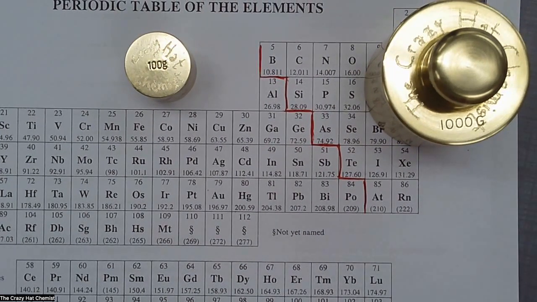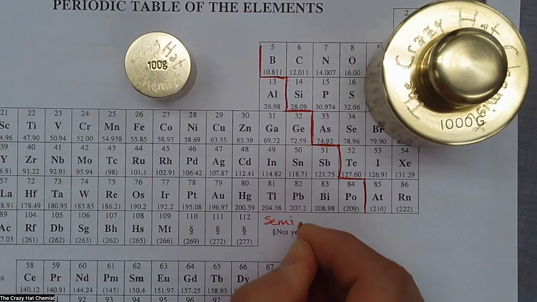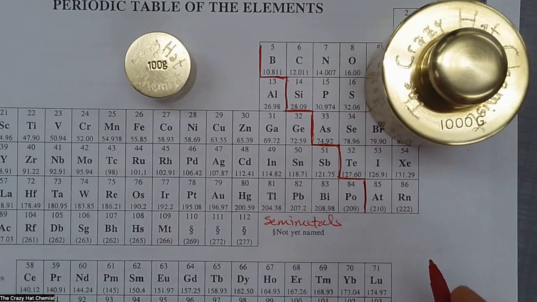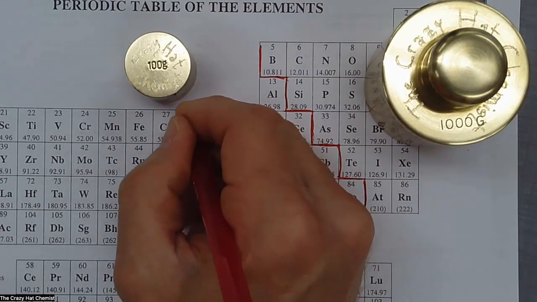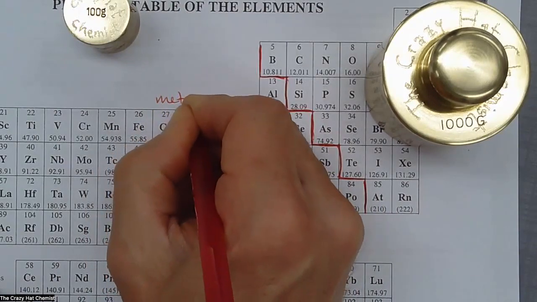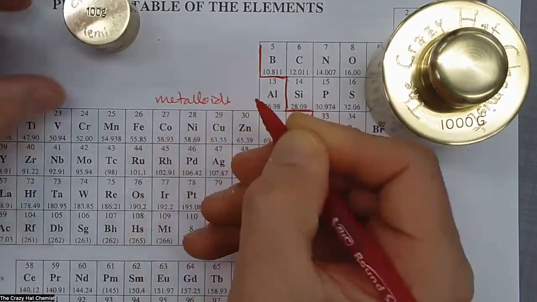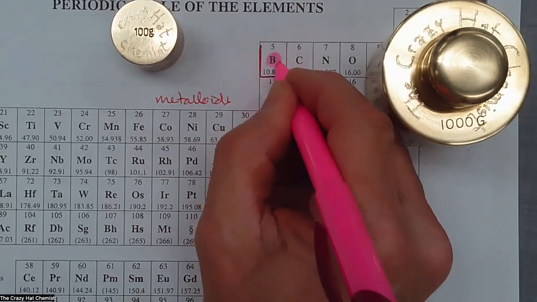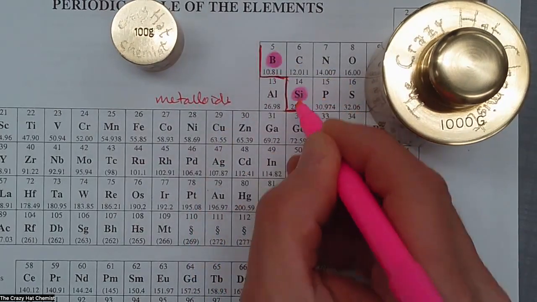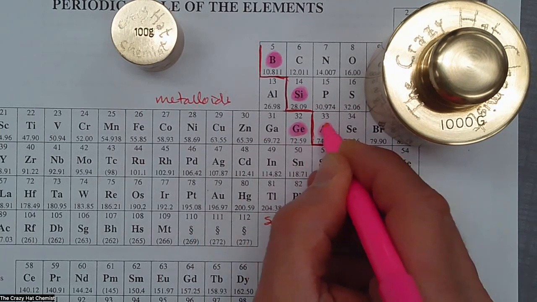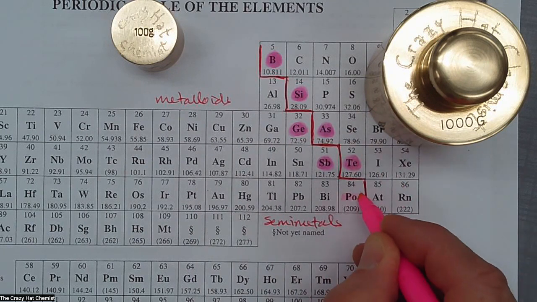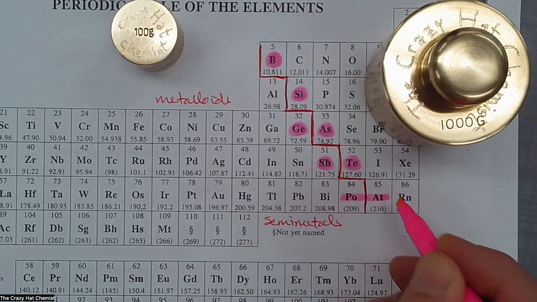So the semimetals or metalloids would be the following elements: B, Si, Ge, As, Sb, Te, and one of these two, Po or At.